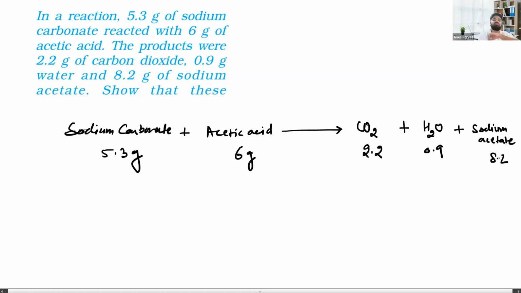So check whether it is obeying the law of conservation of mass.